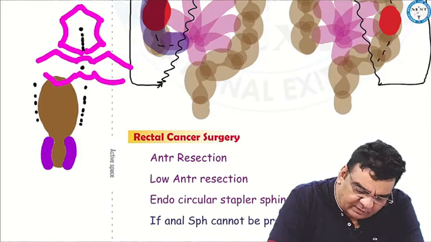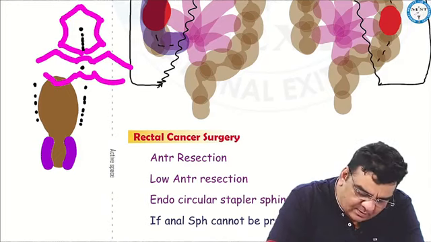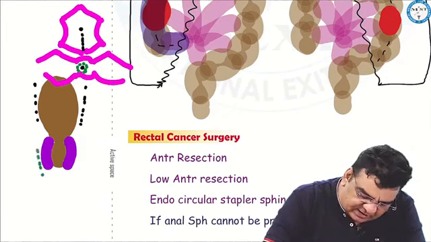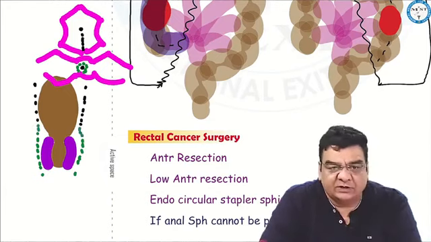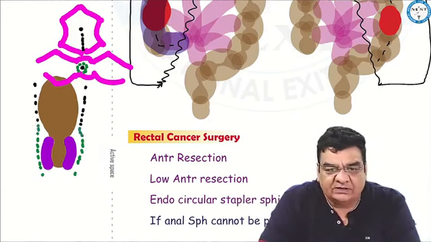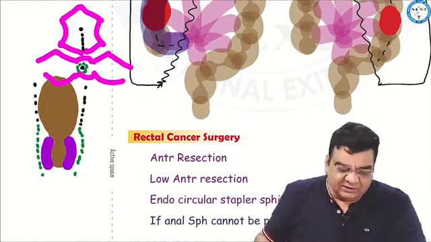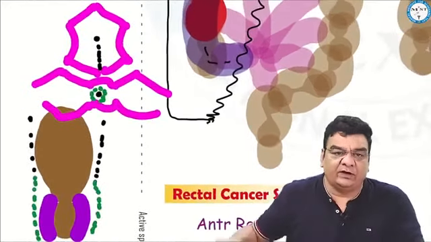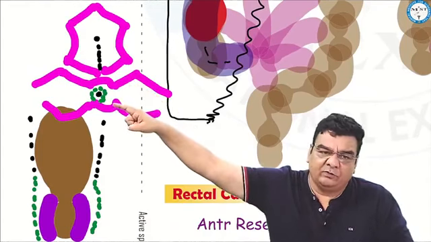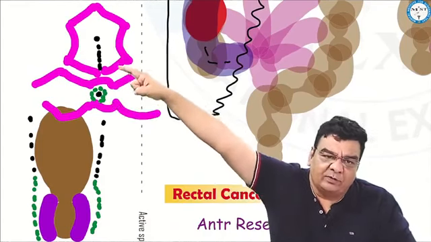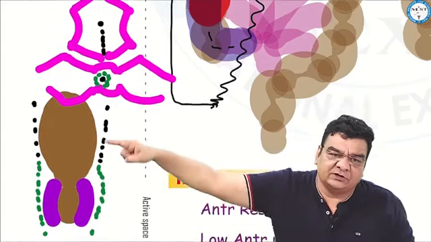Another team is working from the perineum and is trying to dissect the anal canal like this. When these 2 teams are able to meet each other, then we believe that complete dissection has been done. This approach where both abdominal and perineal approaches are used is called abdominoperineal resection.